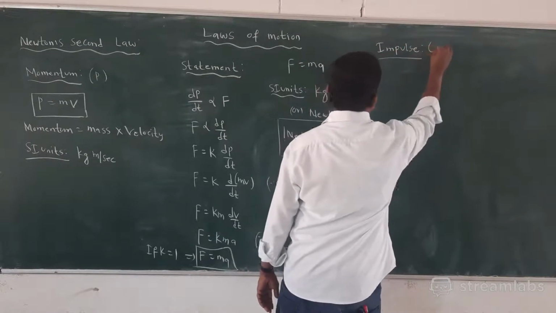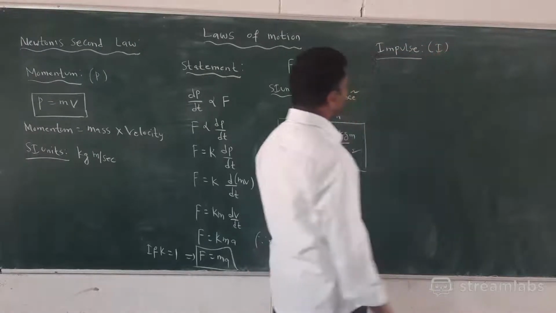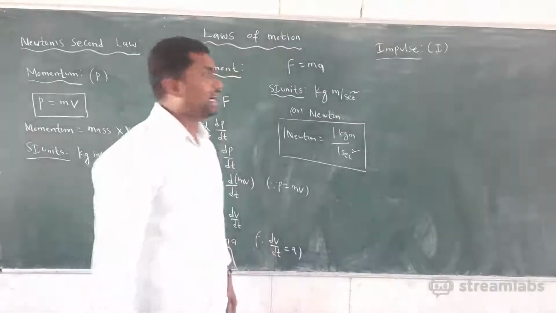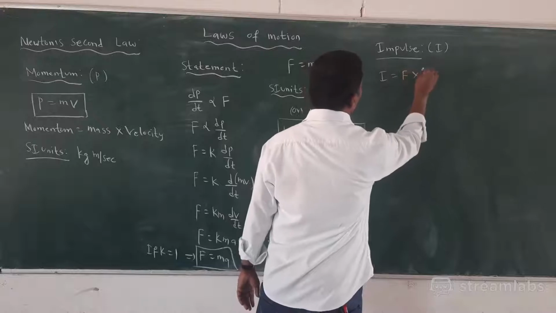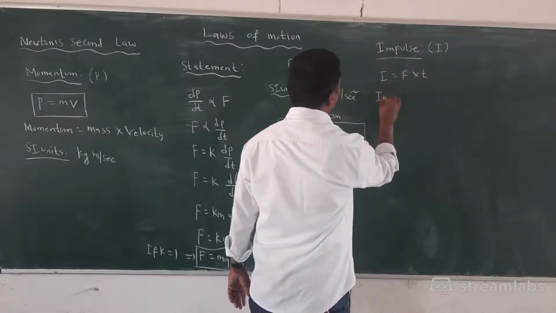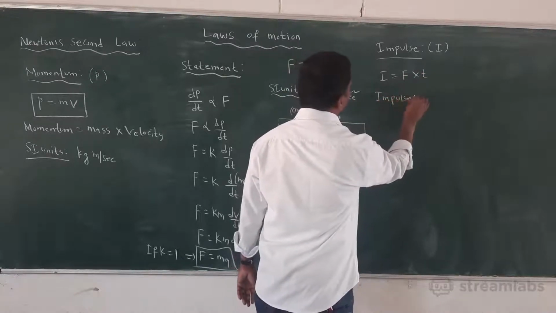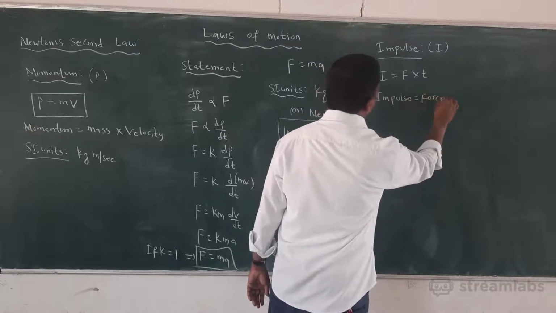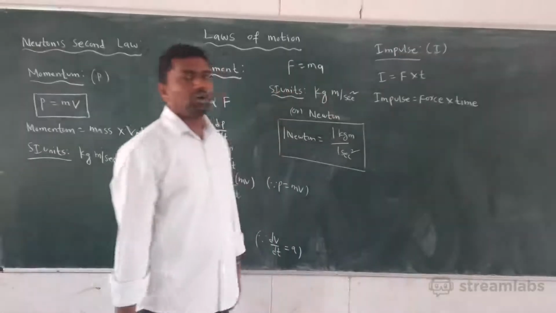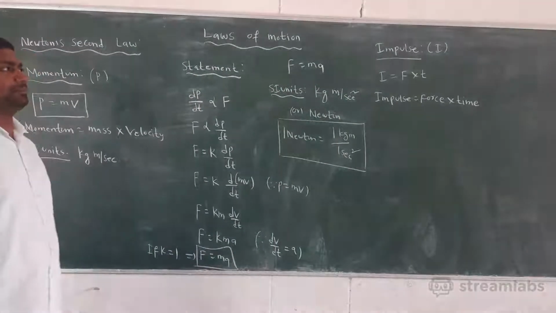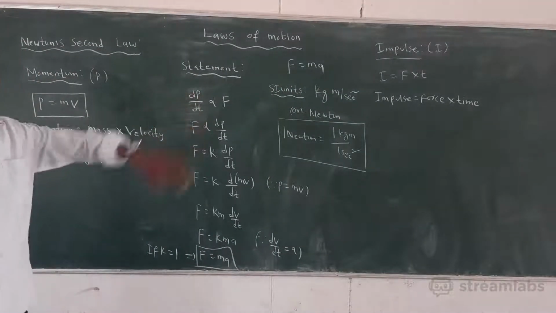Impulse is represented by I, and the formula is I is equal to F into T. Impulse is equal to force into time. How do we define the impulse of an object?